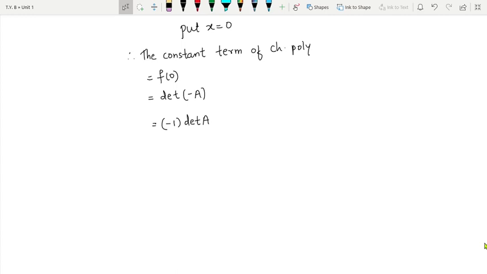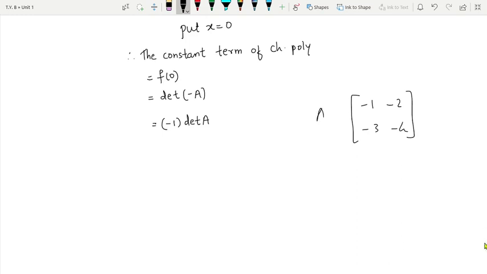Now the question is, how many times is that minus 1 there? Take one example, suppose you are having minus 1, minus 2, minus 3 and minus 4. How many times can you pull this minus sign out of the determinant?